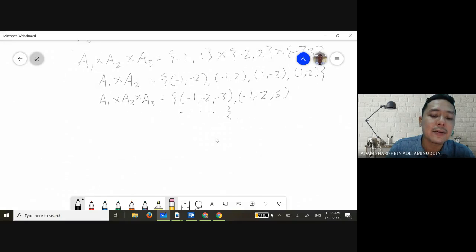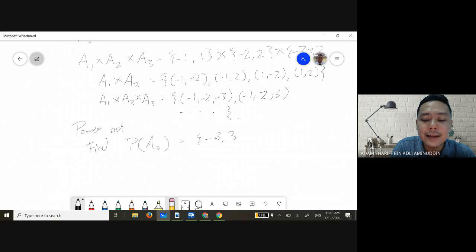Ada lagi satu konsep yang kamu jangan lupa, ialah konsep power set. Saya pun pernah tanya, find P of A3. Pun boleh jawab. A3 adalah apa? Negatif 3, 3 kan?